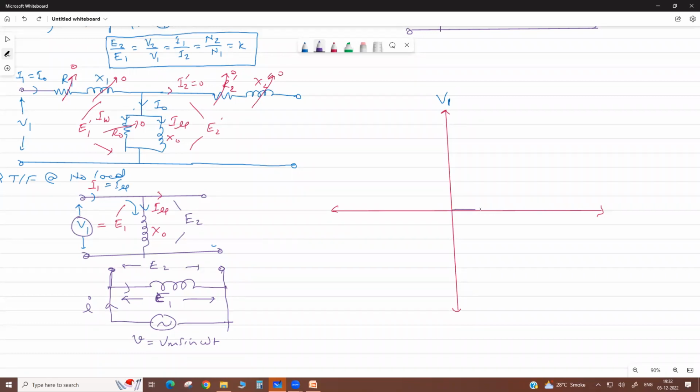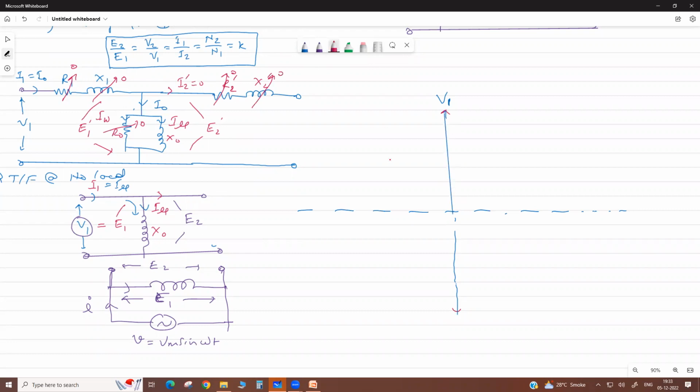This is your magnetizing current. Suppose this is your supply voltage V1.